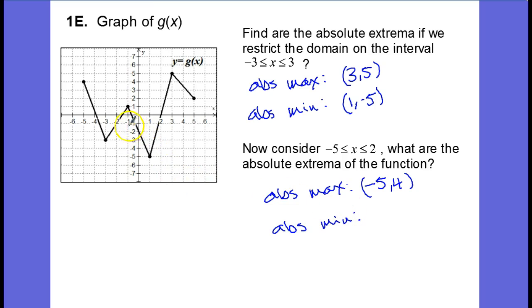I have a min here, and then here's my other endpoint at 2, and my absolute min looks like it's going to be (1, -5). So my absolute maxima and minima can change as I change the intervals that I'm evaluating over.